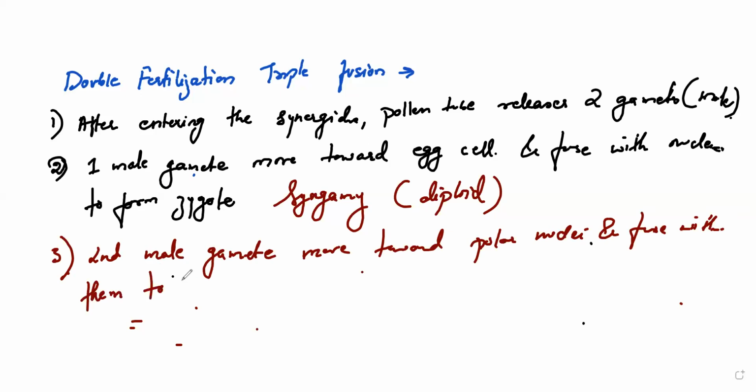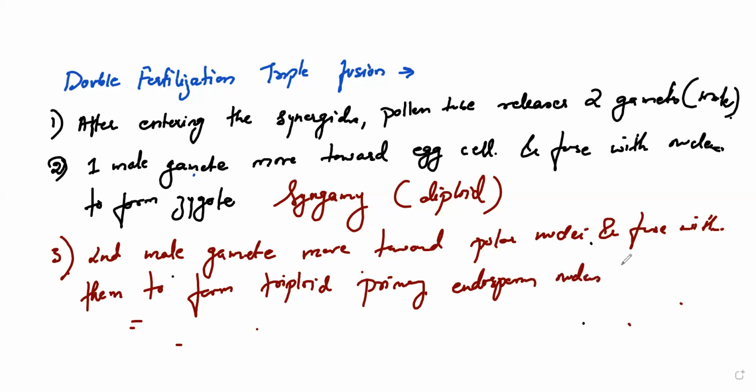And it will form the triploid primary endosperm nucleus. In short, it's called the PEN. So here syngamy as well as the triple fusion both take place inside the embryo sac.